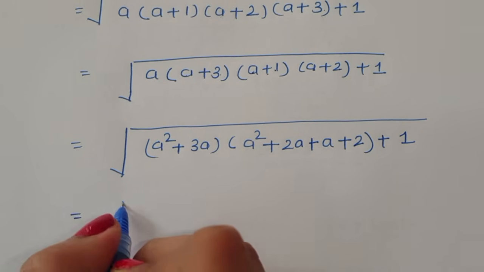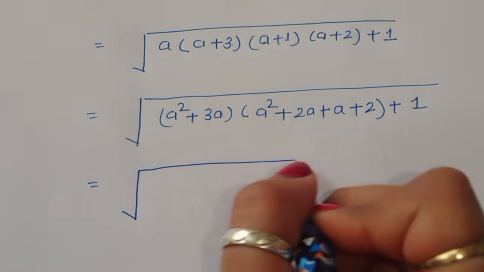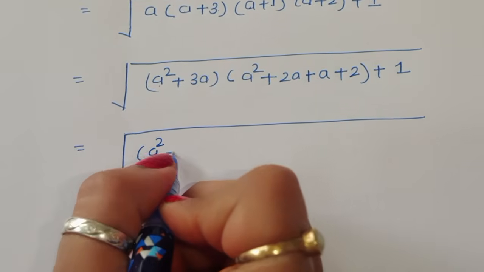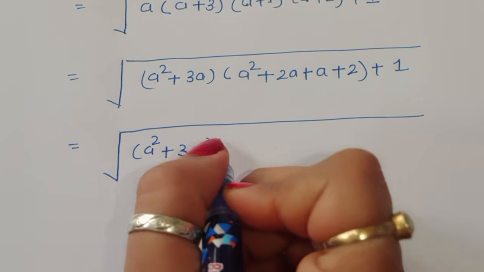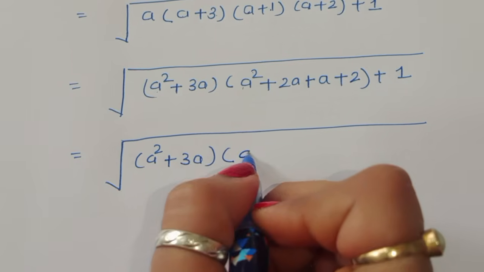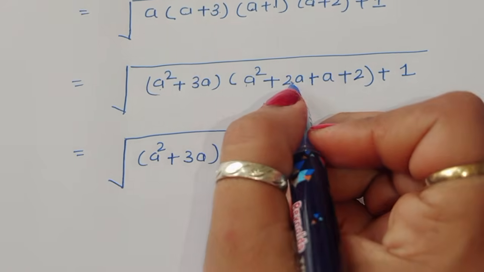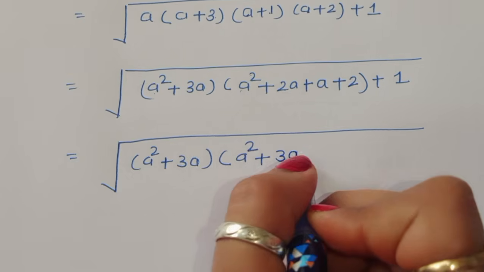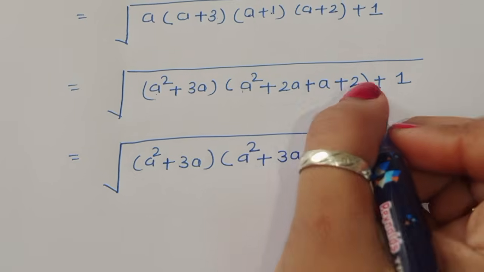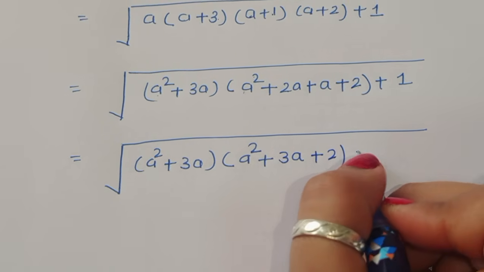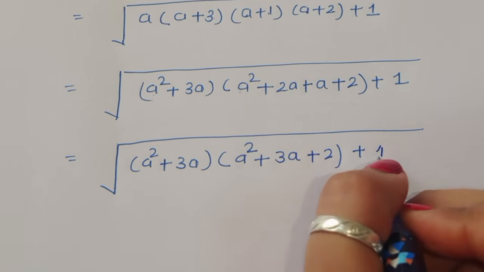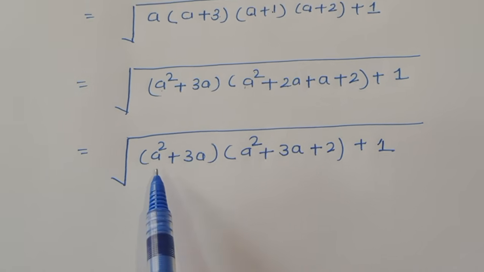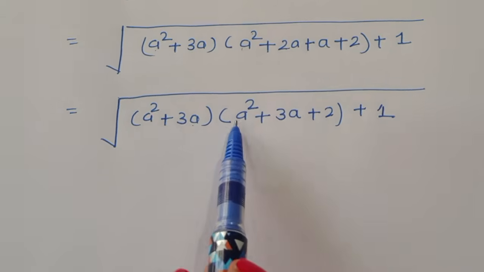Now this is equal to A square plus 3A, same here, times A square plus 2A plus A, which is 3A, so here 3A plus 2, plus 1. Now again we can see the same term, A square plus 3A, A square plus 3A.